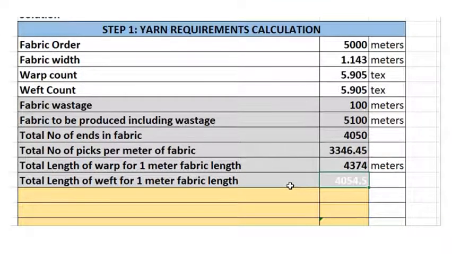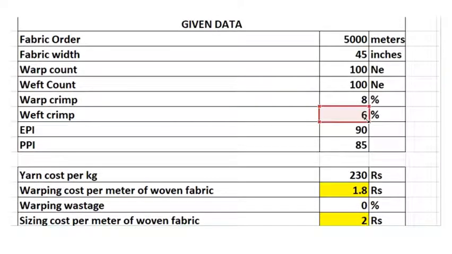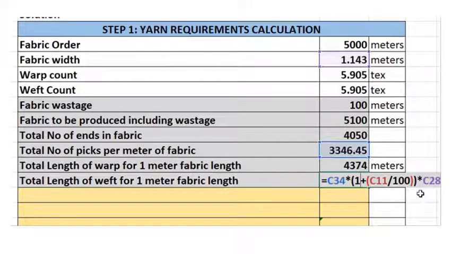You can watch that also. So the value is 4054.5. It is nothing but the number of picks in 1 meter into width of the fabric into 1 plus crimp percentage, 6 divided by 100. So we get the value of 4054.5. Again this is in meters.